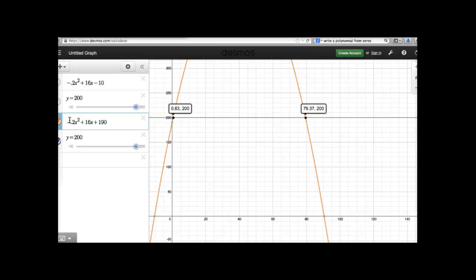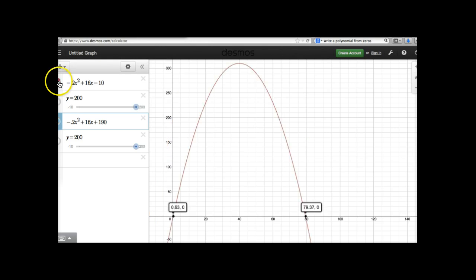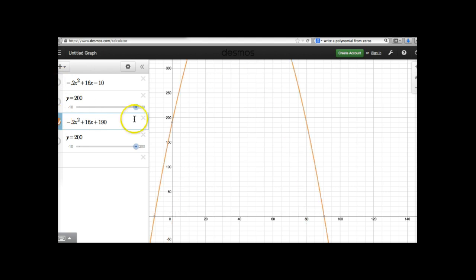You guys are super bright this quarter, I have to tell you. I just want to finish off here. Here's the one that we don't want, and here's our original equation. That's the one we want.